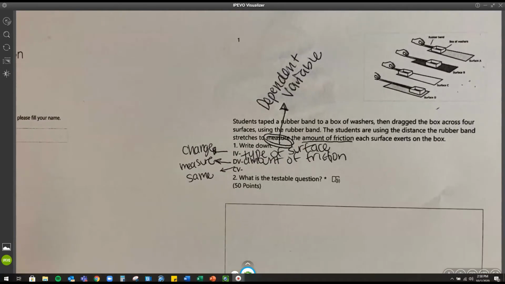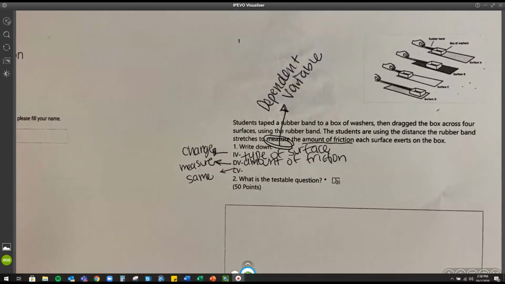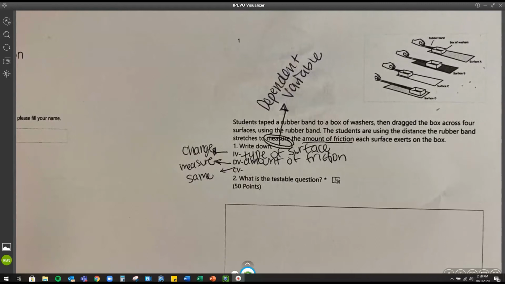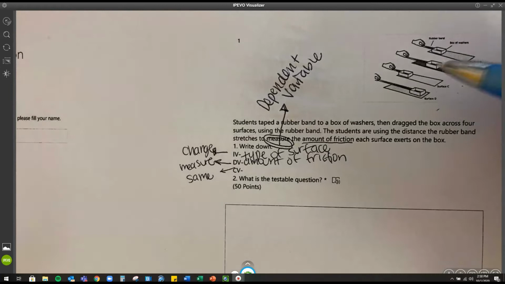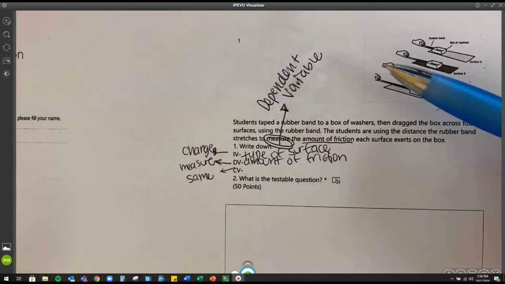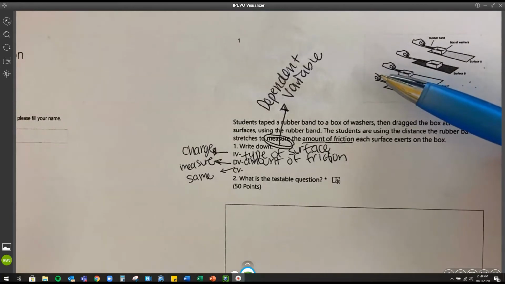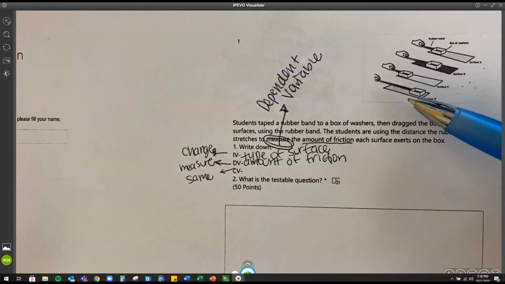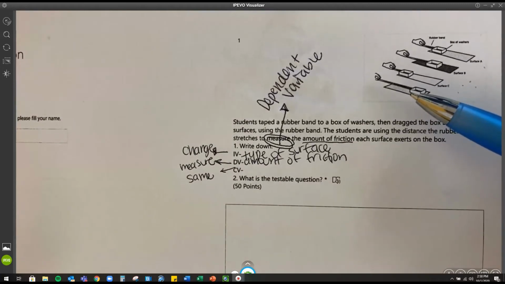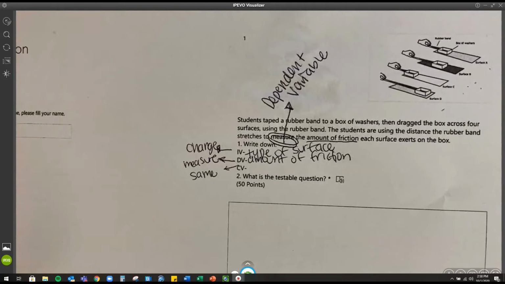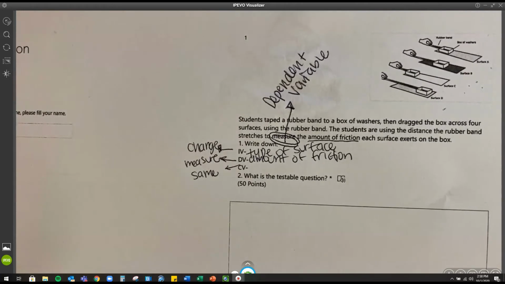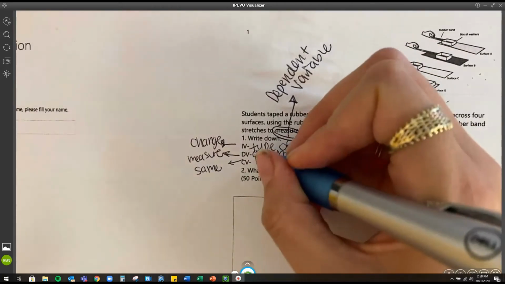What is staying the same in this experiment, Brenda? What are we just keeping the same in the experiment? We know that we're changing the surface. We know that we're measuring how much the rubber band stretches, which tells me about friction. What are we keeping the same? Go ahead, Miguel. The rubber band is the same one, right?